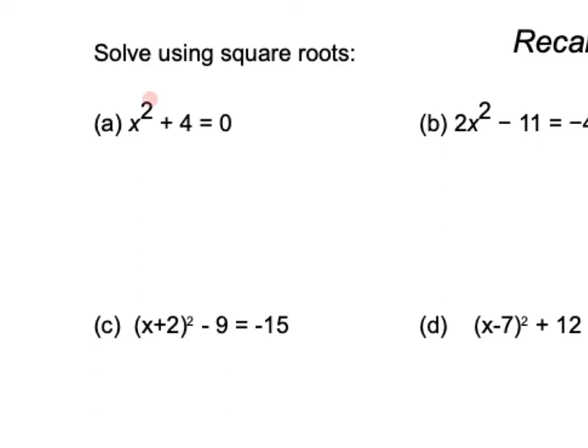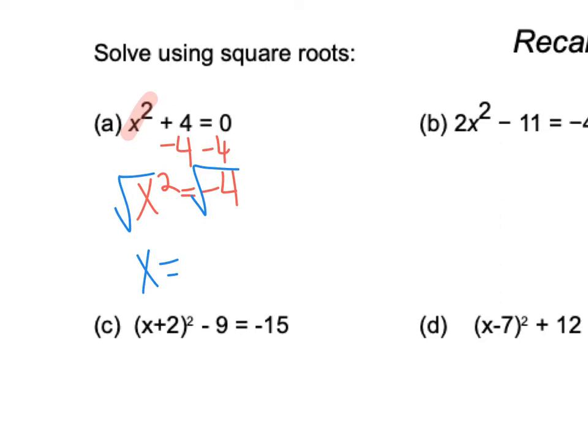Well, x is being squared, so I'm going to get anything that's with it away from it. So I'm going to subtract 4 from both sides. And I get that x squared equals negative 4. And then to undo the square, I would take the square root. In the last section, we would have just said that this is no real solutions.